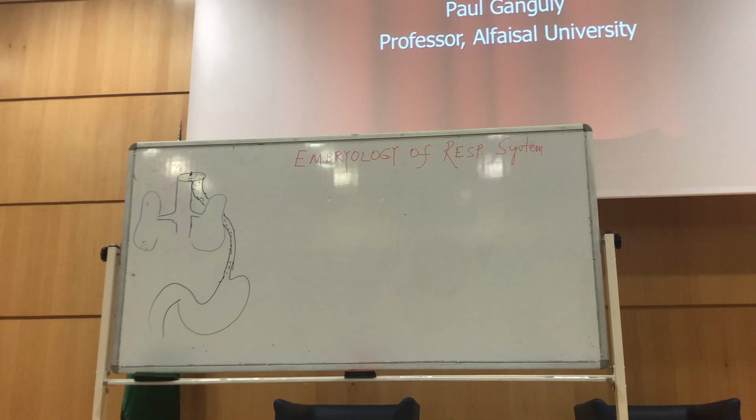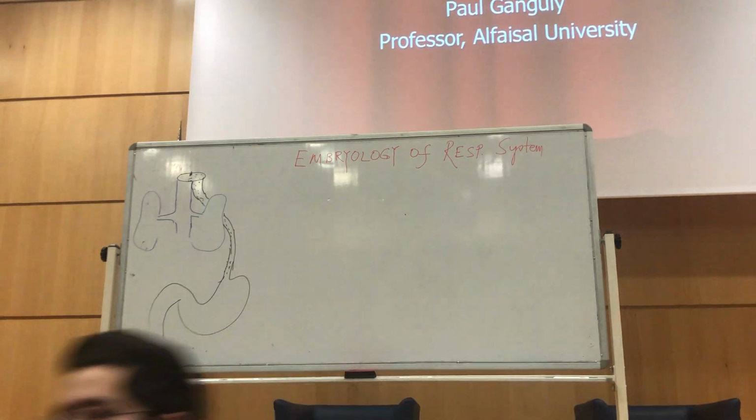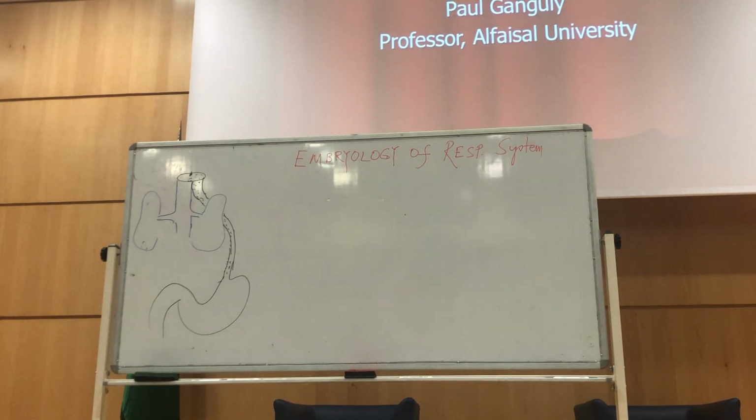But the lung is not active till the baby is born. You know it already. So this is the preamble, the information you need before you start thinking about the development of the lung. You also know the lung comes from the foregut. It's basically the endoderm that we are thinking about.